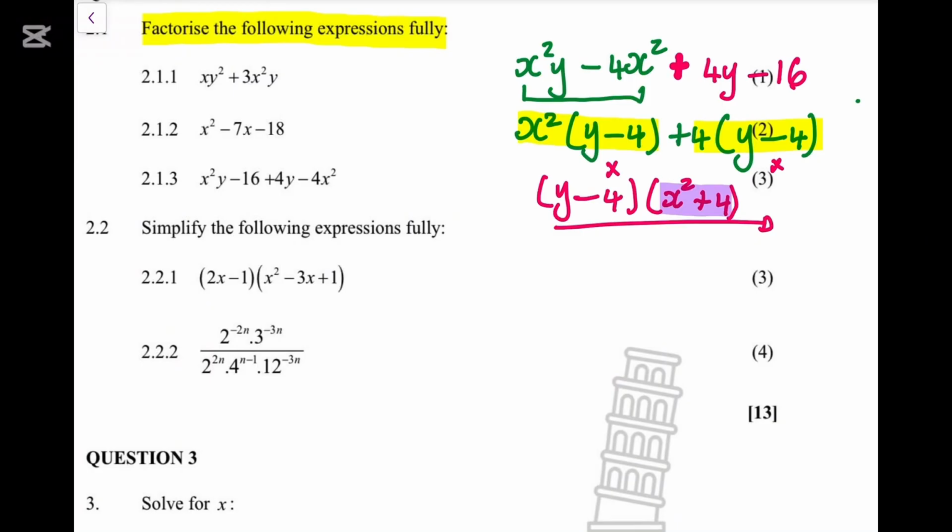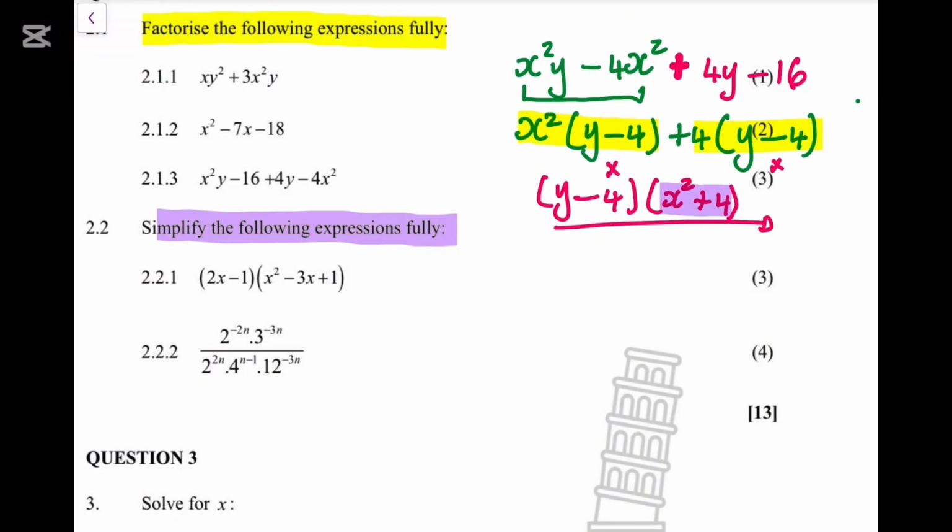Now we are required to simplify the following expression fully. Okay, here we have a product. So we just need to remove these brackets. So each term in the first bracket will multiply every term in the second bracket.